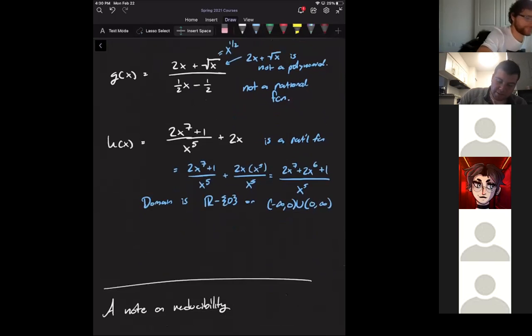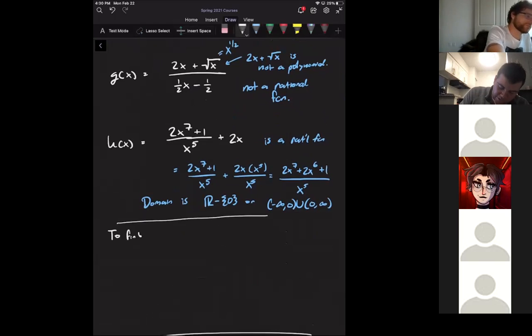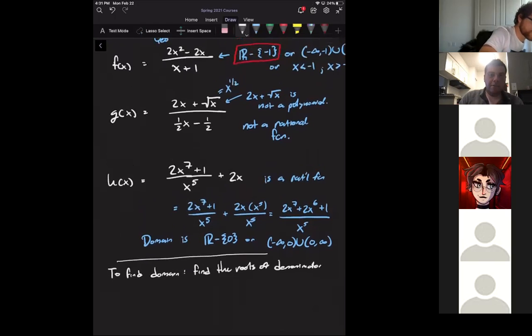Add some space here. So to find the domain, so always just to find the domain, we just need to find the roots of the denominator. So that's in f of x and h of x, that was pretty straightforward to do.